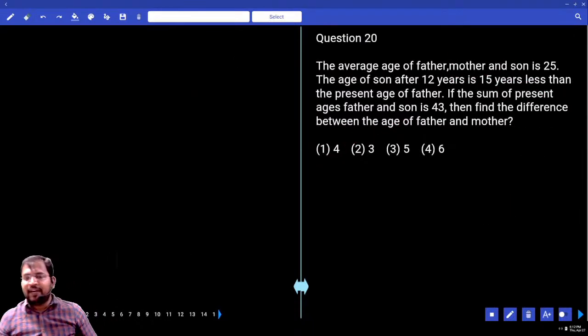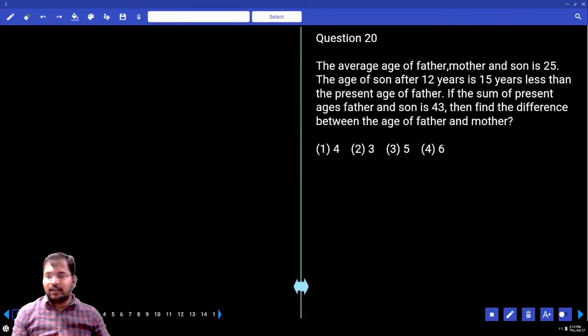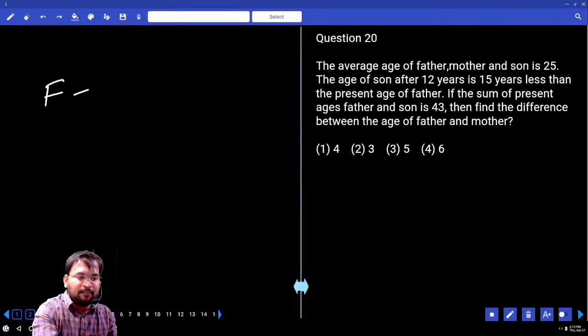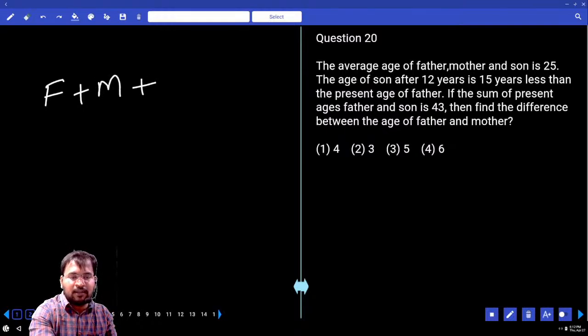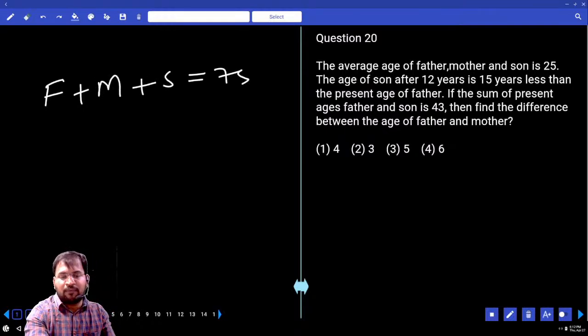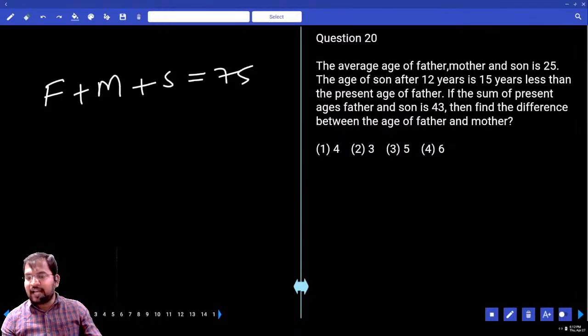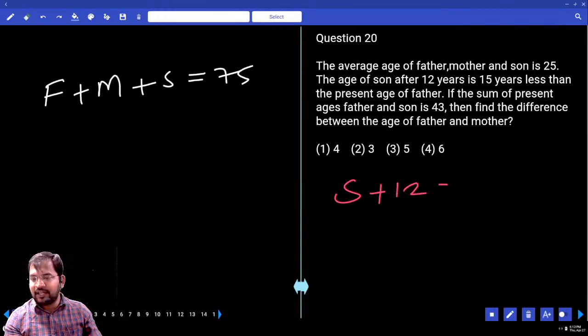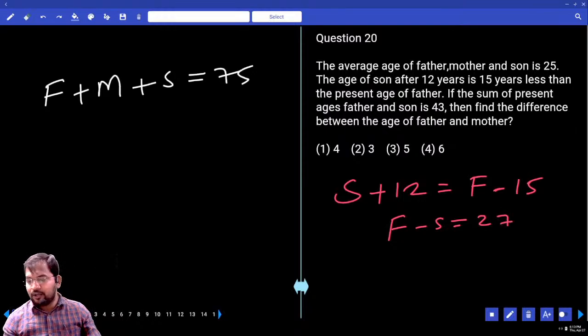See here, the average age of father, mother and son is how much? Father, mother, son together is what? 75, as 25 is the average. The age of the son after 12 years is 15 years less than the present age of the father. Therefore father minus son is equal to 27.